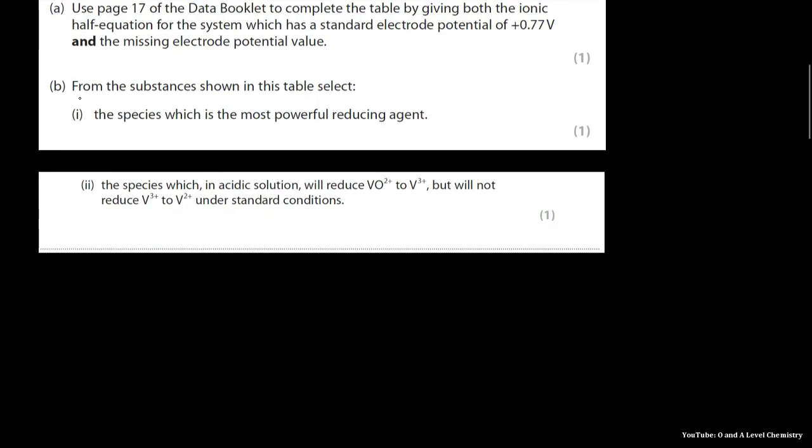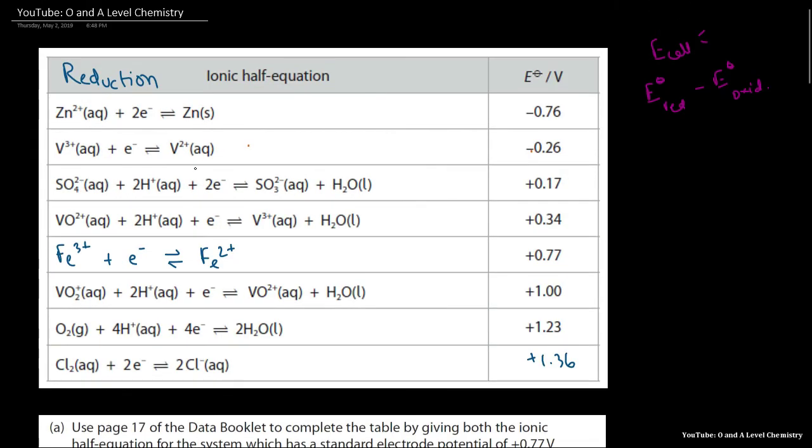Question B1 asks us to find the most powerful reducing agent. A reducing agent itself is going to get oxidized, which means it's going to lose electrons. But if we look into our table, these species are gaining electrons.